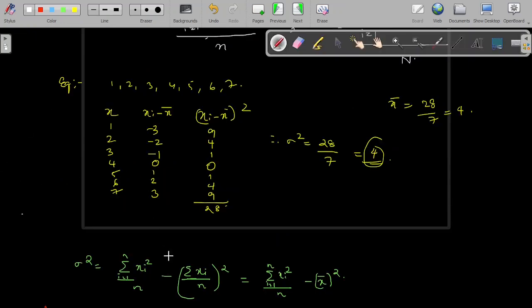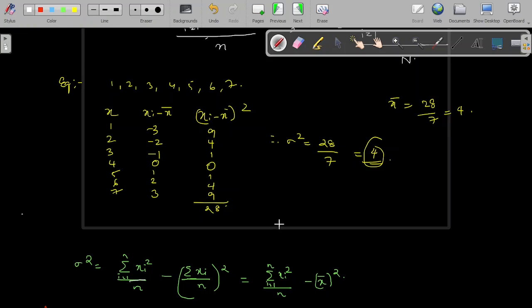See, there is one more formula to find the variance. Sigma square equal to summation of xi square divided by n, i equal to 1 to n, minus summation of xi by n whole square. This is nothing but the mean. So we have summation xi square by n minus x bar whole square.